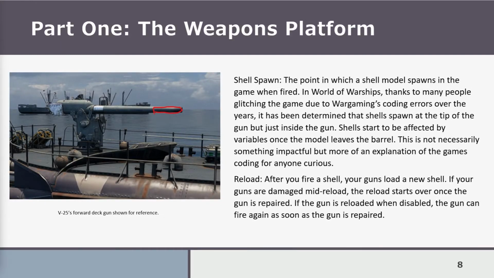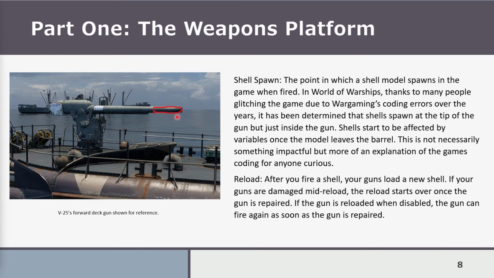Shell spawn. Thanks to many of the glitches Wargaming has put into the game over the years, in relation to all of the wonderful mechanic bugs they've had, most notably the last one with Nueve de Julio, where the guns would literally rotate independent of the turrets. So the guns would just be rotating about the turret, and the turret would just be forward. So the guns are like floating in space. Based on glitches like this, it's been determined that shells spawn at the tip of the barrel in the gun.